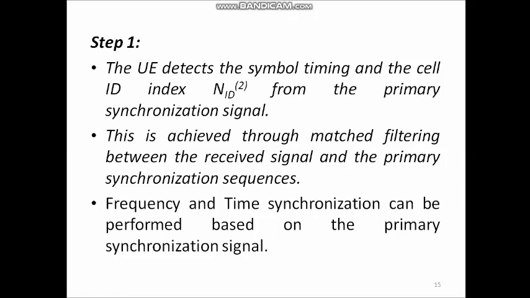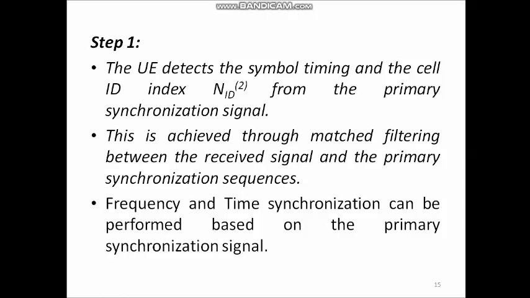Okay, next let us see how cell search operation is carried out using 3 steps. In step 1, the user equipment detects the symbol timing and the cell ID index NID2 from the primary synchronization signal. As you know, there are 2 synchronization signals used, primary and secondary synchronization signal.